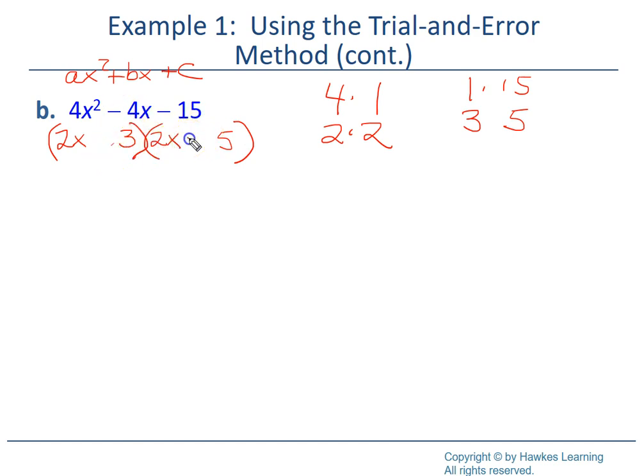And if this is a negative and this is a positive, notice 2x times 5 is a negative 10x, and my inners, a positive 6x, it ends up being a negative 4x. And then 3 times a negative 5 is a negative 15, and our first term is this, so this one checks out. So again, I did a little bit of trial and error, but not too much. I didn't have to erase anything.